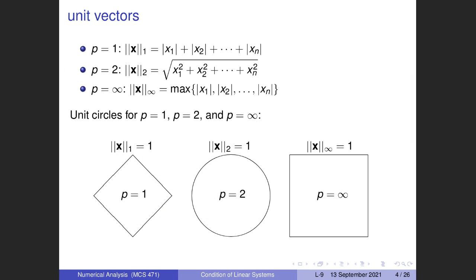What are the unit vectors? Well, with the 2 norm, you have the unit circle. You could say that the unit circle consists of all the endpoints of the unit vectors that start at the origin and end at the circle. With the 1 norm, the circle becomes a diamond. With the infinity norm, the circle gets stretched into a square.